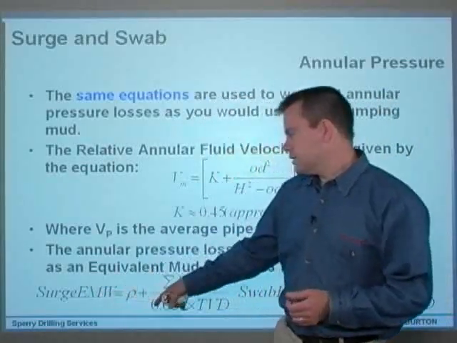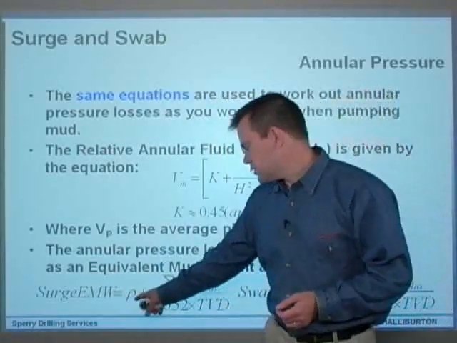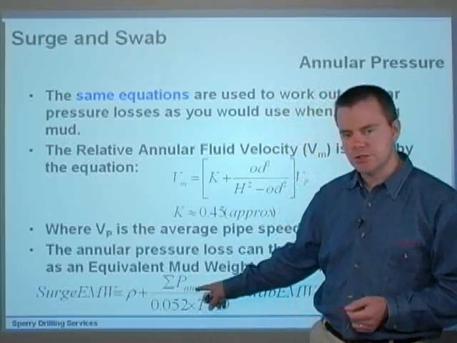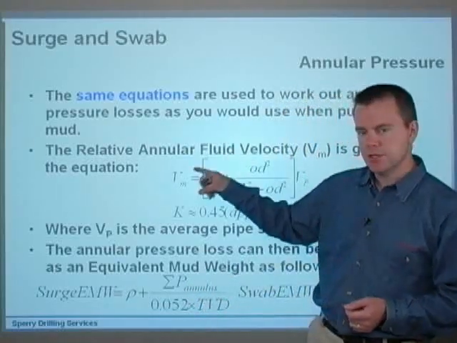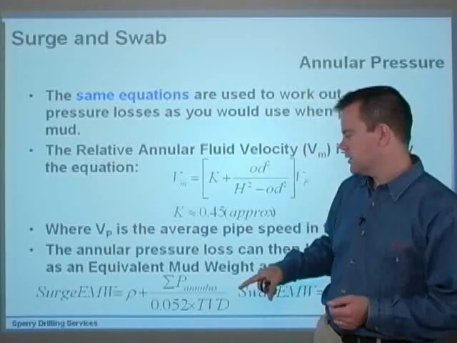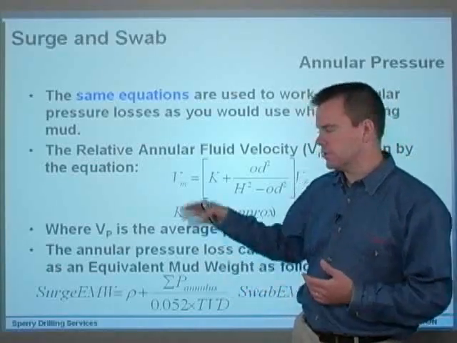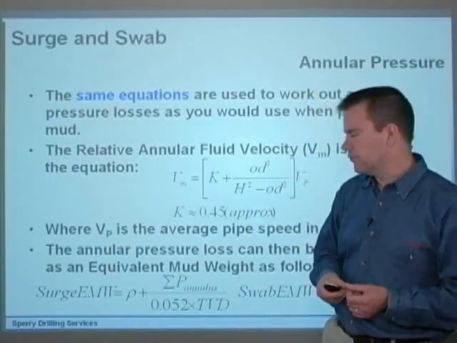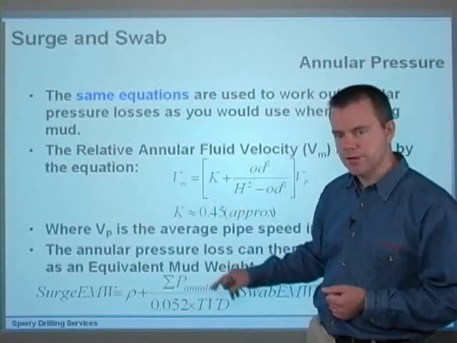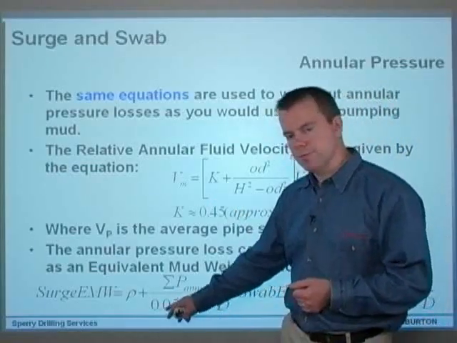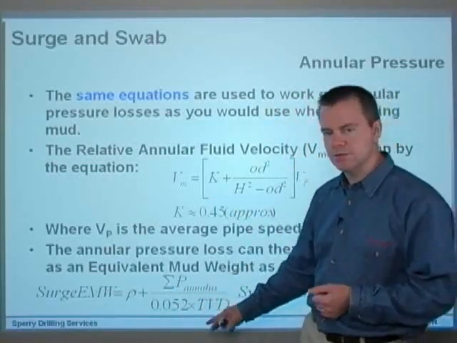The equivalent mud weight due to surge is the density plus the pressure drop in the annulus, using this mud velocity, substituting the equivalent annular velocity, where K is approximately 0.45, divided by 0.052 and divided by the TVD.